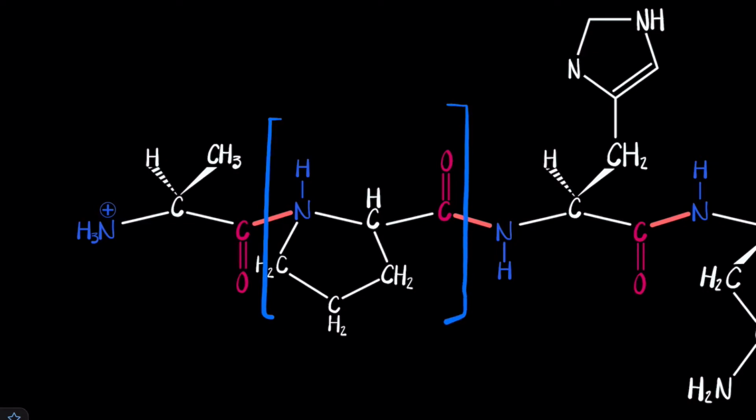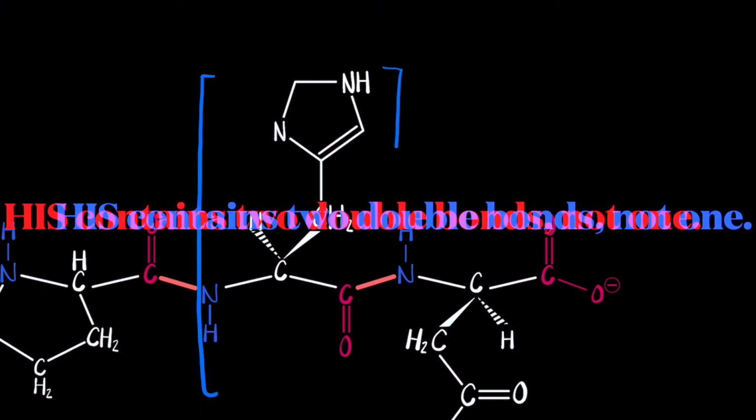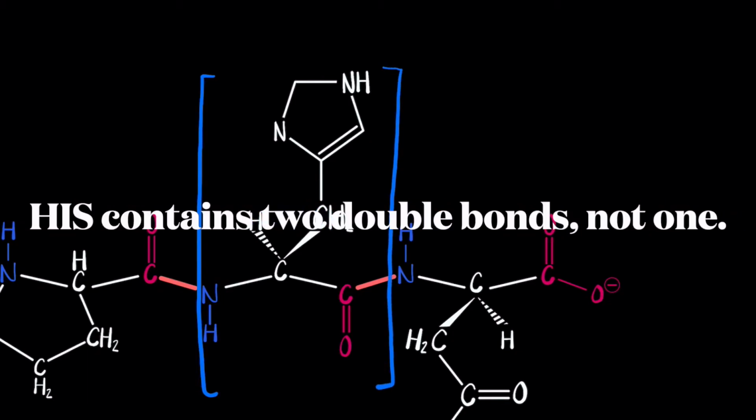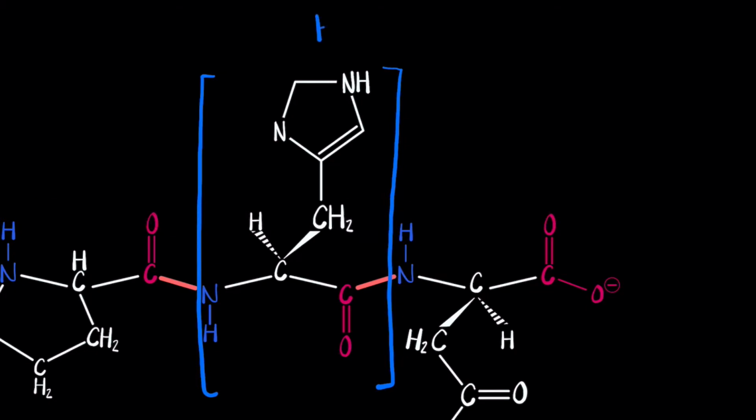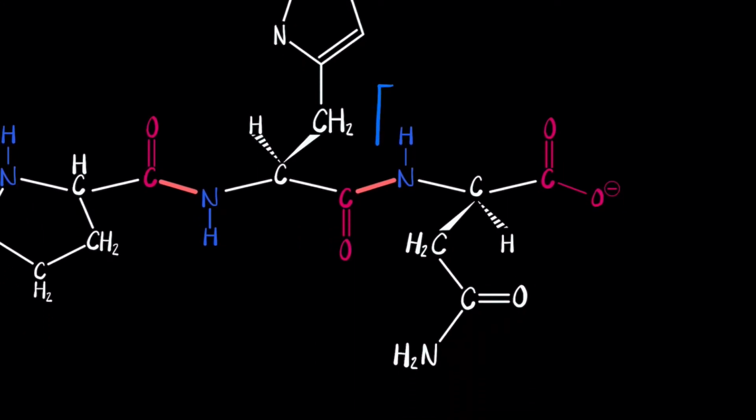This is proline. The third residue, again splitting it at the peptide bond. This is histidine. And lastly, the fourth residue is asparagine.